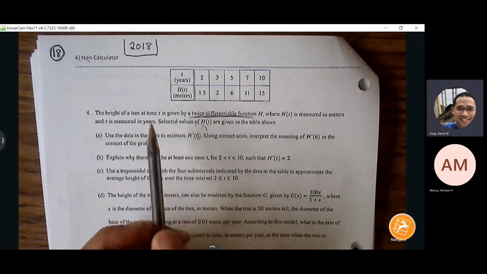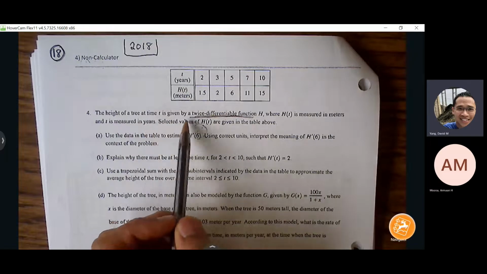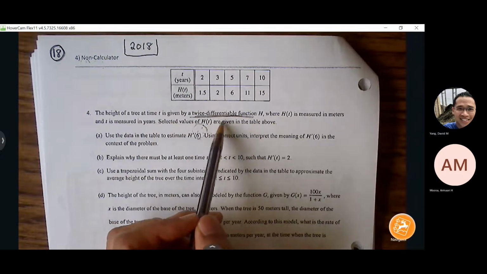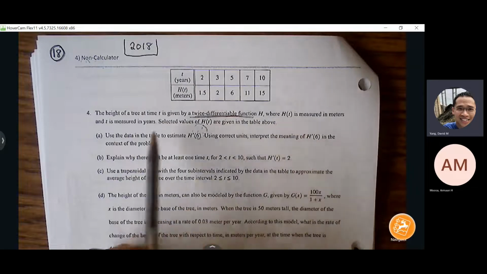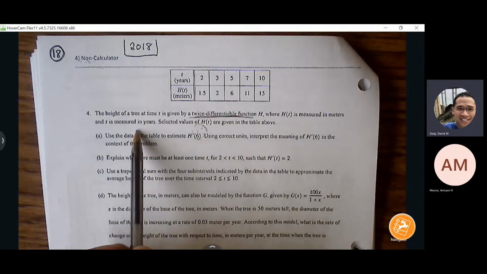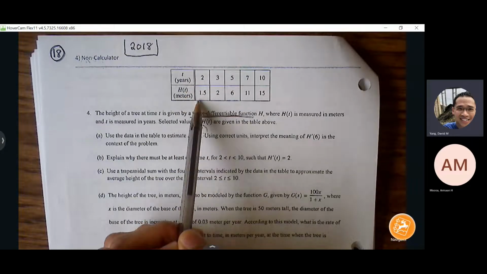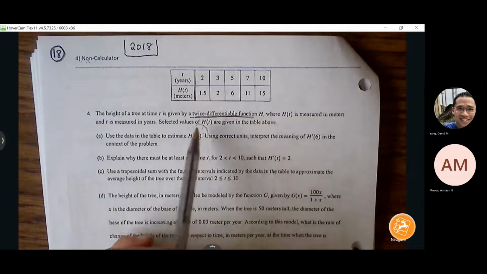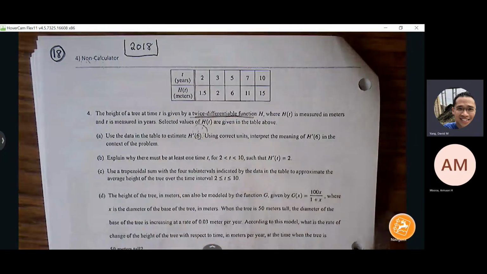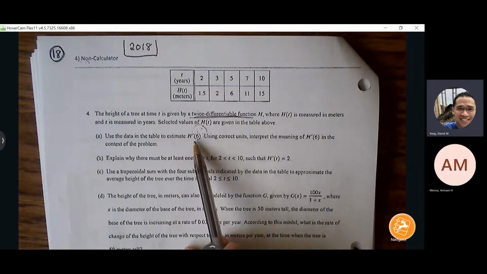To begin, the height of a tree at time t is given by a twice differentiable function h, where h is measured in meters and t is measured in years. We see that as time passes, the height in meters of the tree keeps growing, and the values of h of t are given. Part A says use the data in the table to estimate h prime of 6. In other words, it's asking for the rate of growth of the tree 6 years in.